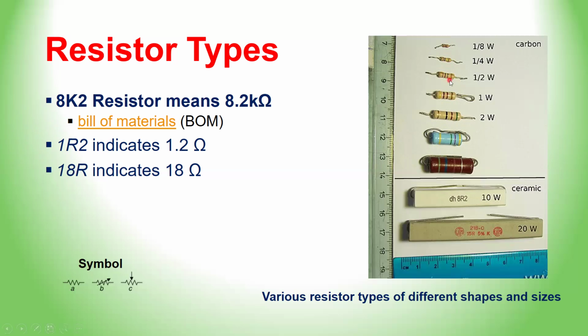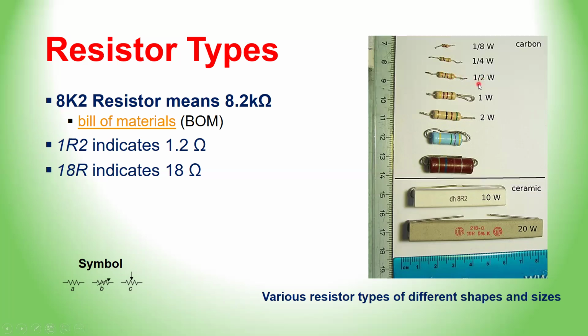If that product I squared R is bigger than the maximum rating of the resistor, the resistor will blow away. Therefore, while doing circuit analysis and circuit design, you have to understand the value of the current that will flow into the circuit, choose a resistance accordingly, and then calculate the maximum power dissipation. Accordingly you choose the power rating of the resistor.